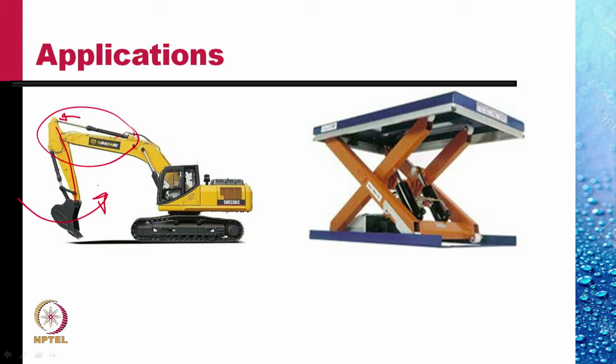We can apply very large forces through these actuators. These actuators are also used in controlling the control surfaces of an aircraft. This hydraulic table for lifting loads also uses two actuators in a similar manner.